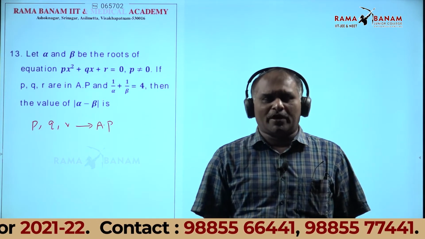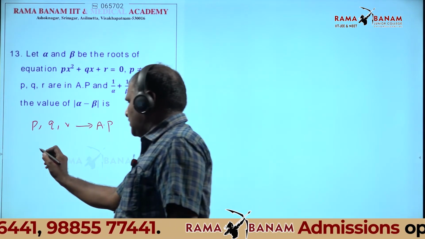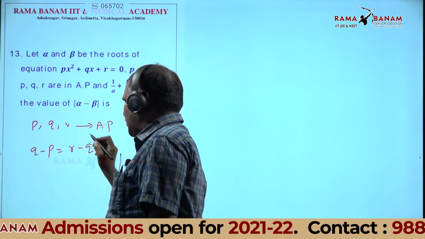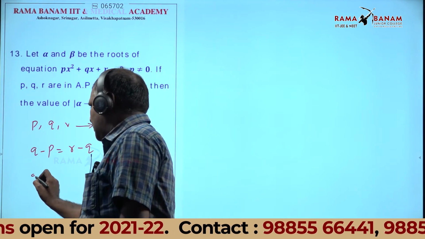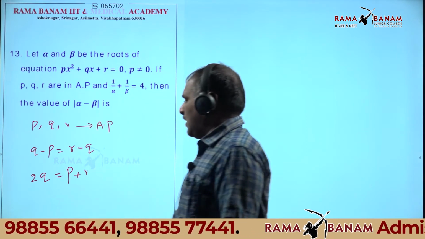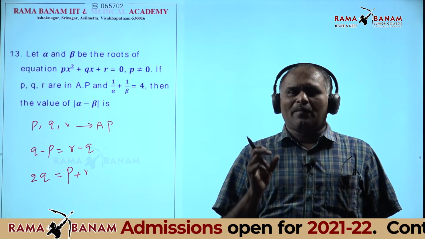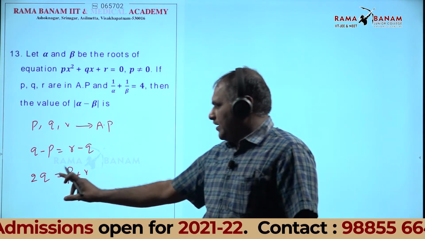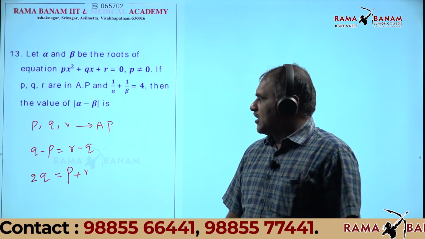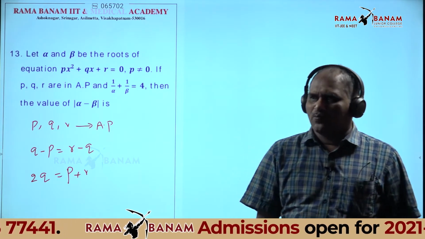Arithmetic progression means, as I told, the difference of consecutive terms is the same. That means Q minus P is equal to R minus Q. Bringing Q to this side, 2Q is equal to P plus R. That is one equation: the relation between P, Q, R is 2Q equal to P plus R, because P, Q, R are in arithmetic progression.